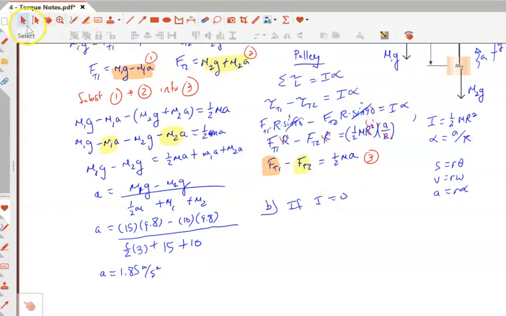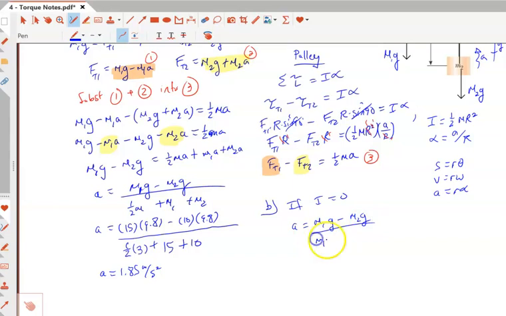And in the end, you would have no half m. So you would end up with just basically this, m1g minus m2g, divided by essentially the total mass, the top being the net force, and there's no half of the mass of the pulley. So now you reduce the denominator a little bit because there's no more mass of the pulley.